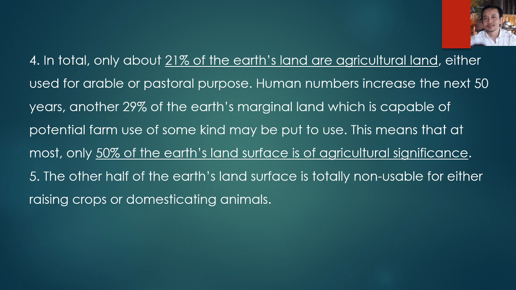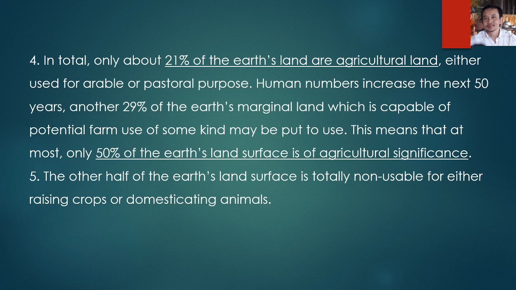In total, only about 21% of the Earth's land is agricultural land, used for arable or pastoral purposes. As human numbers increase in the next 50 years, another 29% of the Earth's marginal land, which has potential for some kind of use, may be put to use.